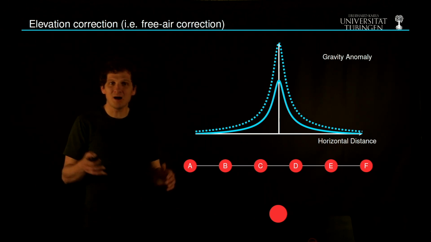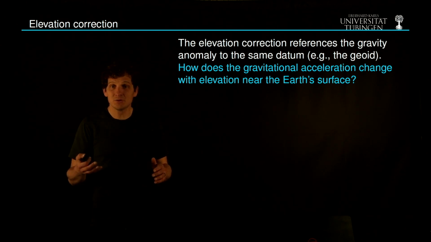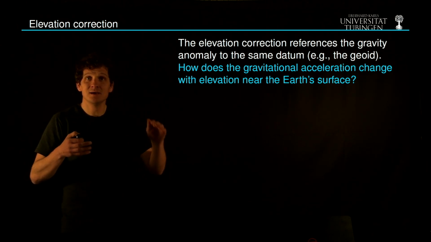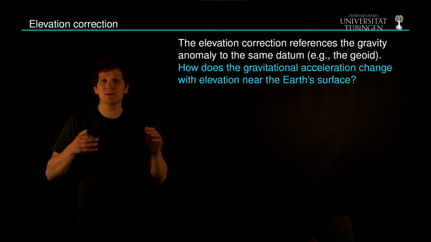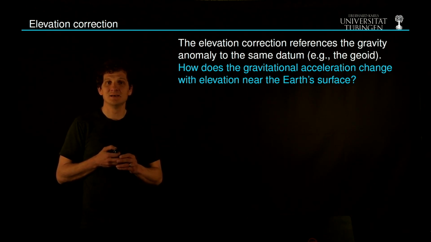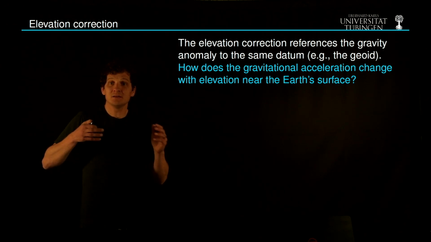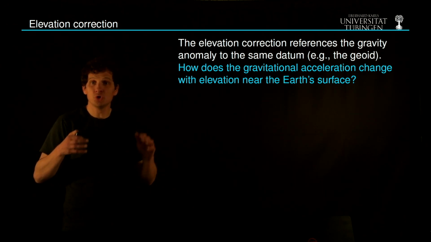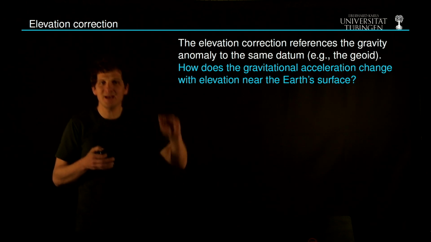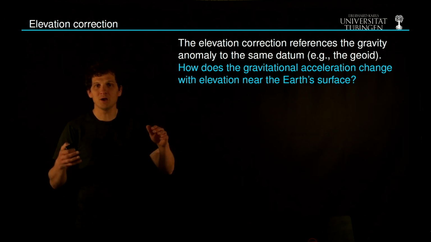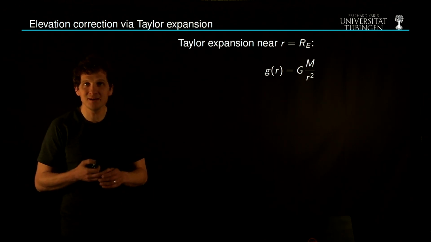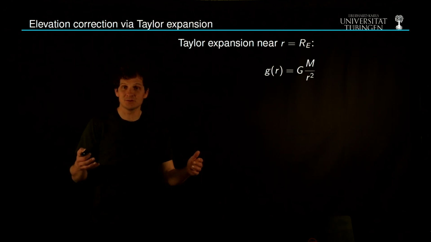So we should account for this, and we can correct the gravity readings to a common vertical reference level, and typically this reference level is the sea level. And in order to do this, we need to know how the gravitational acceleration changes with elevation, and this comes back to the 1 over r squared dependency that is by now very familiar to us.